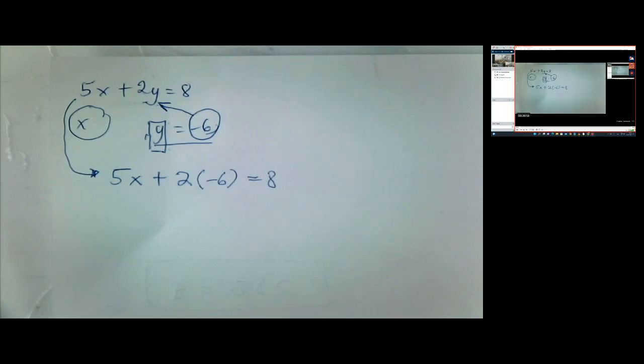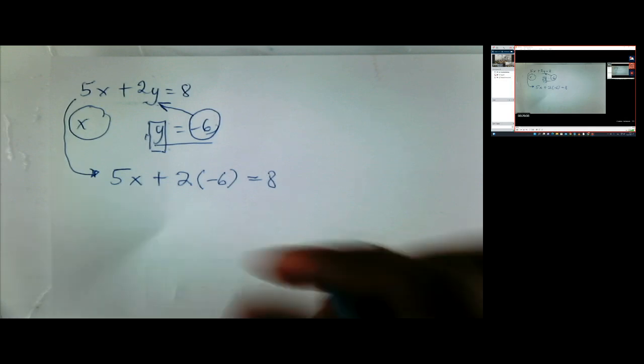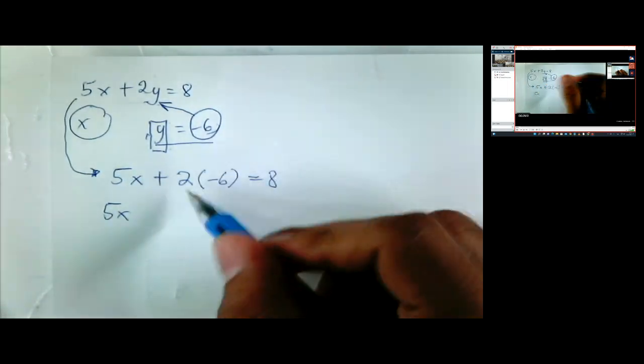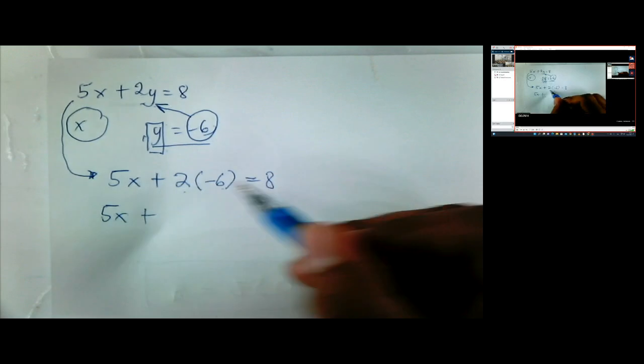Again, you're just going to rewrite, substitute the given value of y, so we can solve for the value of our x. Next, we will have here 5x now plus 2 times negative 6.